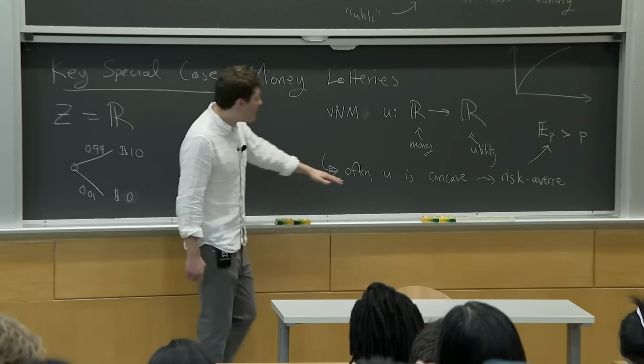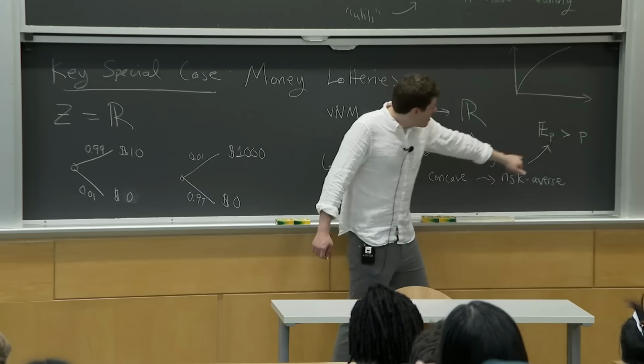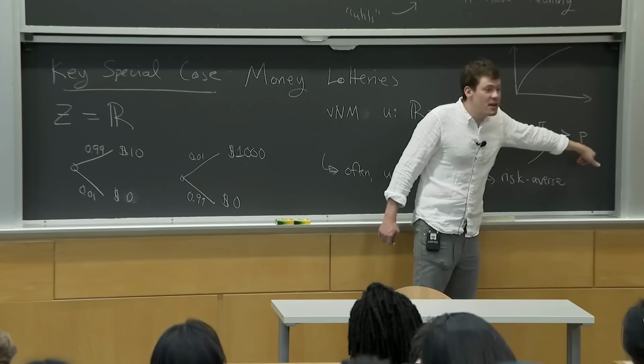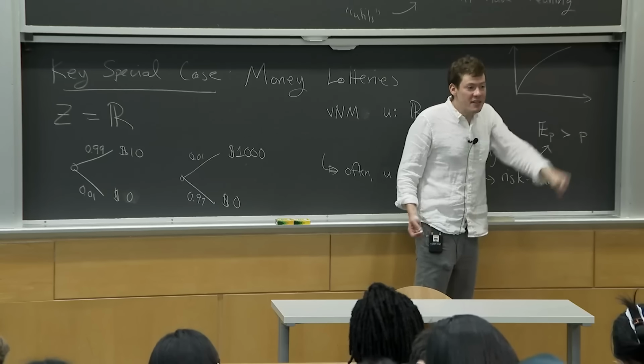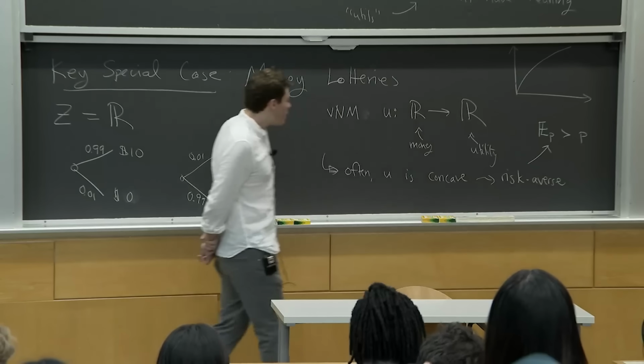And mathematically, that's captured by the concavity of the utility function here, u. For this to be a strict preference, we need P to be non-degenerate, right? One P would be you get something with probability 1. So as long as it's non-degenerate, this is the meaning of risk aversion.